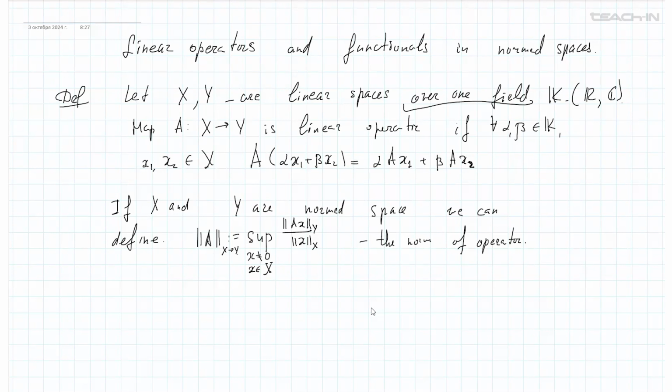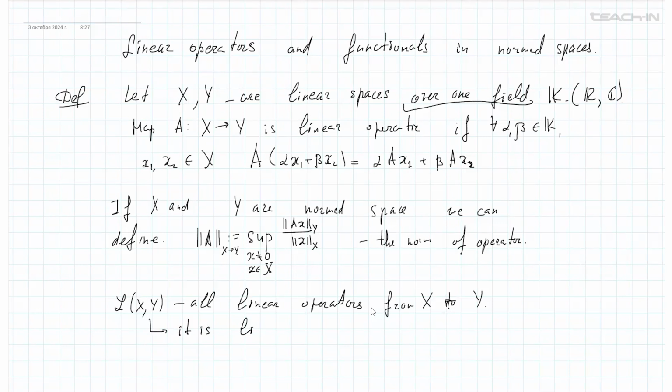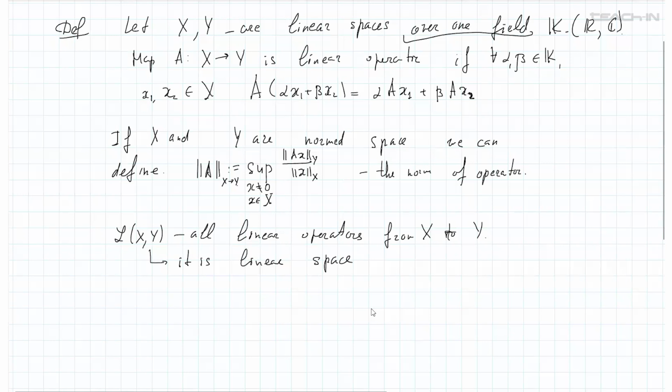Of course, let's introduce some notation. By these letters, we denote all linear operators from X to Y. Of course, it is a linear space. We can define the sum of operators.